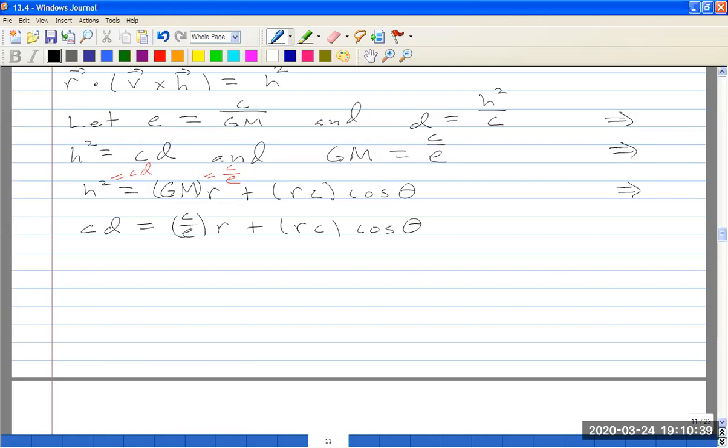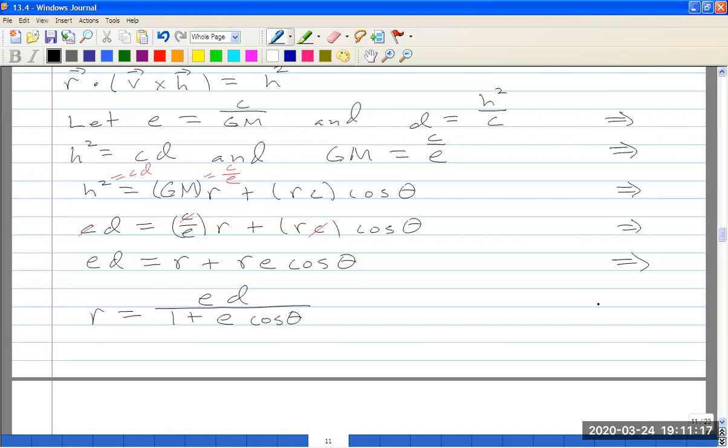I can cancel out the C's and multiply by E. And so I get ED is equal to R plus RE cosine theta. And so R is equal to ED over 1 plus E cosine theta.